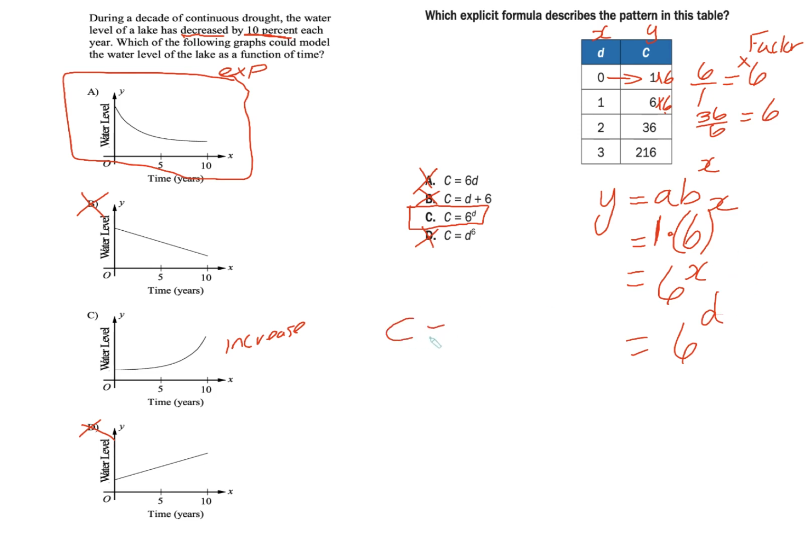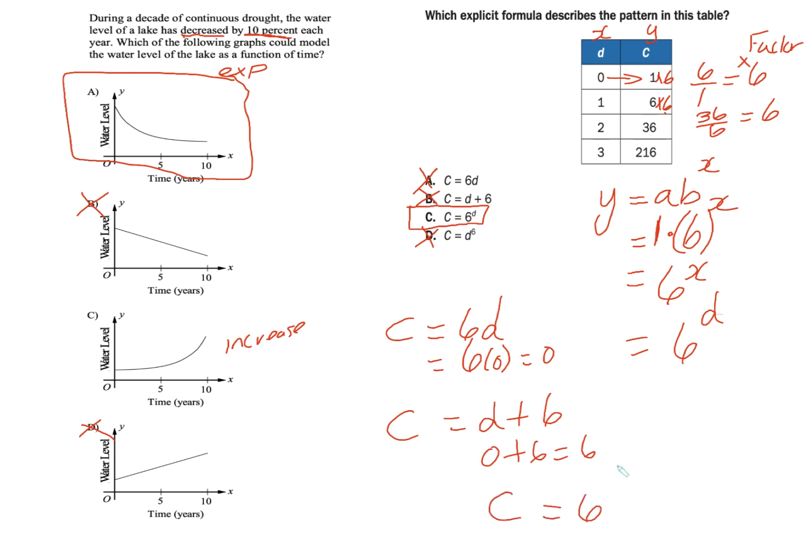Another way you could have done this problem is some students like to substitute. So we have C equals 6D. So we know D is 0. So this would be 6 times 0 is 0. But that's not a 1. You have C equals D plus 6. So if our D is 0, 0 plus 6 is 6. Okay, that's not a 1. So that's eliminated. You have C equals 6 raised to the D. Now, if your D is 0, that's 6 raised to the 0.